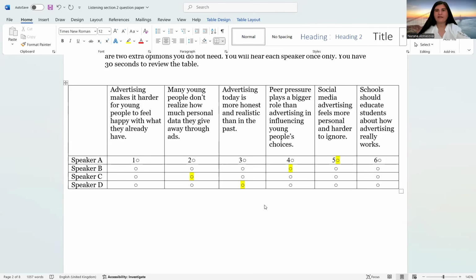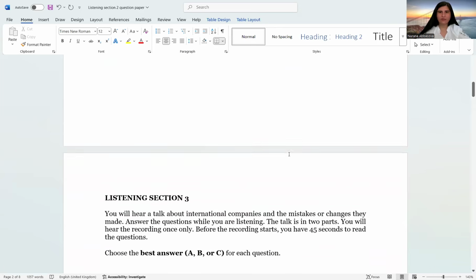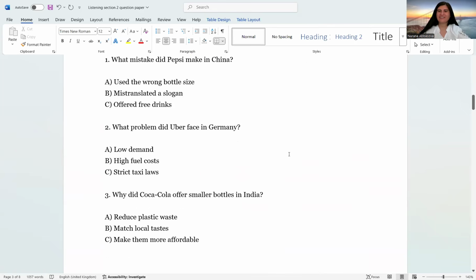So, these are the answers. 1 and 6 are not used. I will comment on listening later. Let's continue with the answers. So 1 to 3, please, quickly, the answers.